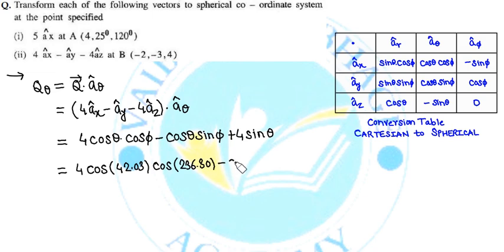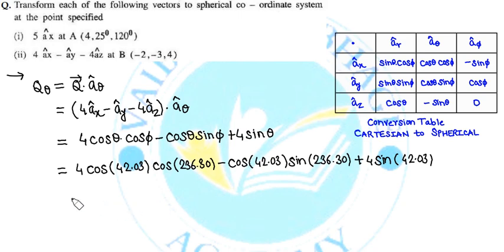We have minus of theta, that is again 42.03. We have sine of phi, that is 236.30. And we have again 4 sine of theta, so sine theta is 42.03.